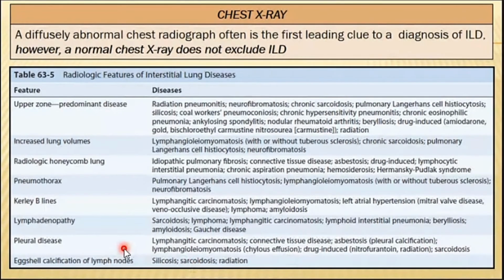Eggshell calcification, classically silicosis, especially of the mediastinal nodes, but can also be seen post-radiation and also sarcoidosis. Again, like I said, it's an extensive list, but this is on X-ray, not very specific. It's just sensitive. You can see that any abnormality can cause any abnormality.